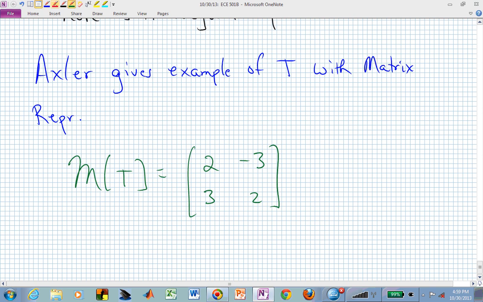Is that matrix representation self-adjoint? First, it's real, isn't it? So we don't have to worry about the complex conjugate business. But this has to equal its transpose to be self-adjoint, and it doesn't, does it? If we transpose this, we would get minus 3, 3, and that's not the same matrix.